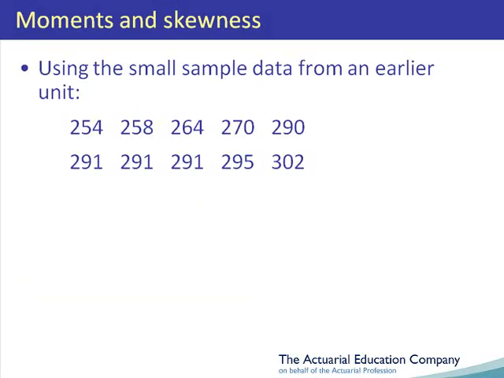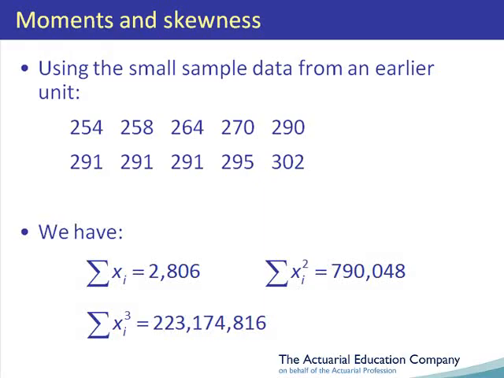Suppose we want the second and third sample moments about the mean for the small sample data we were using earlier. We first need to find the sum of the sample values, together with the sum of the squares and the sum of the cubes. The figures for these statistics are given here.